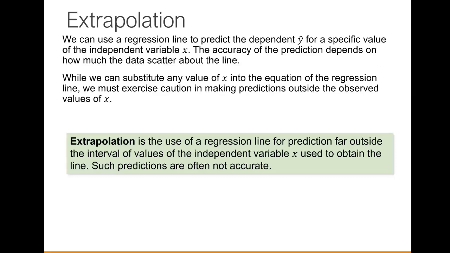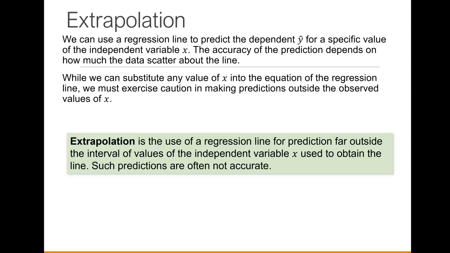If you have a lousy R value, doesn't matter if you do interpolation or not, it's not going to be reliable. Everybody agree with that? If you're using a bad model to describe what's going on, you're going to get all kinds of kooky results. Second thing we need to check is that we're doing interpolation as opposed to extrapolation. Even if you have a good R value, if you're predicting something way outside of your data set, it's not going to be reliable.